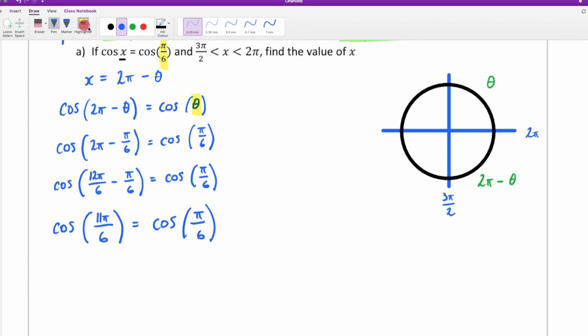So that means this right here is going to be my x value. Cos of 11 pi on 6 is going to equal cos of pi on 6. So I could say, therefore, x is going to be equal to, that's an ugly x, let me try again, that's a beautiful x, 11 pi on 6. That is your answer. Actually, let me do it in yellow.